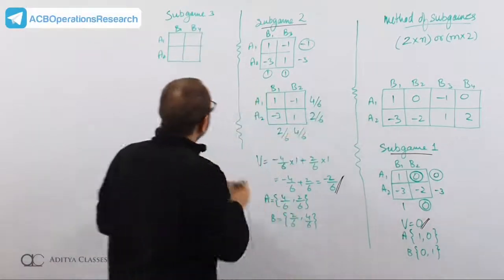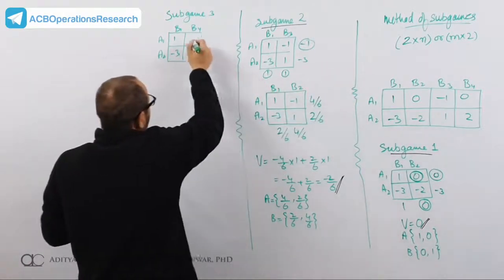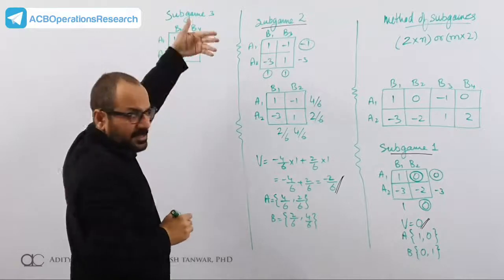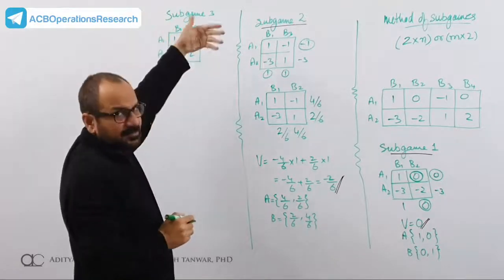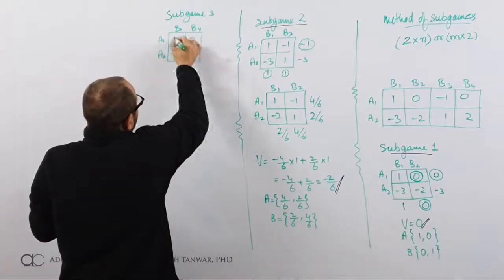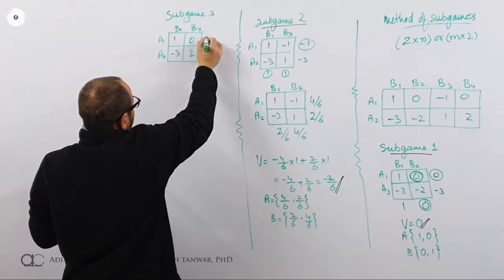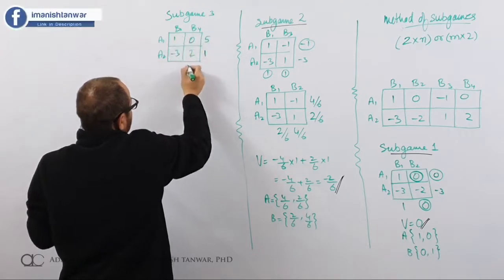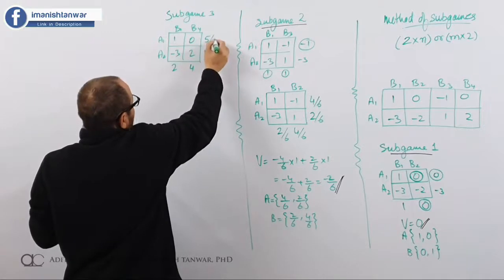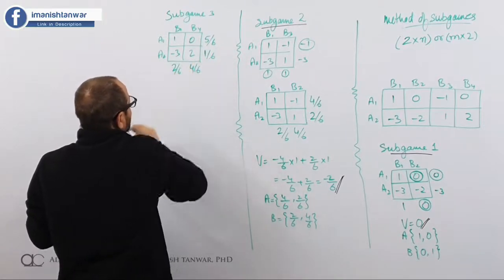We have 1 and minus 3 for B1 and for B4 it will be 0 and 2. So you can check if it has a saddle point. If it doesn't have a saddle point, we can go ahead and solve it. So difference of 1, 0 would be 1, 2 and minus 3 would be 5. Difference of 1 and minus 3 would be a 4 and a 2. So odds would be 5 by 6, 1 by 6, 4 by 6 and 2 by 6.